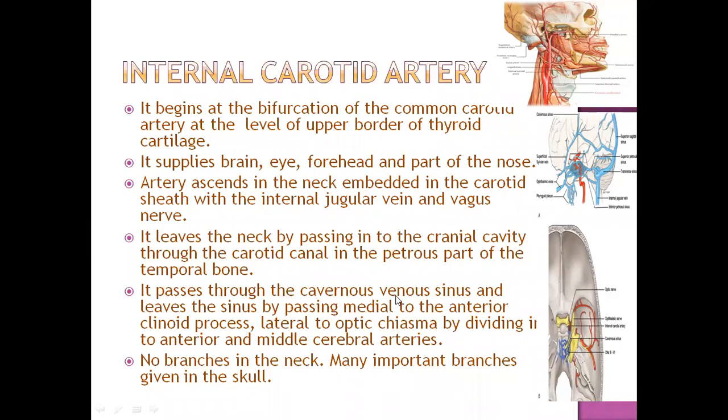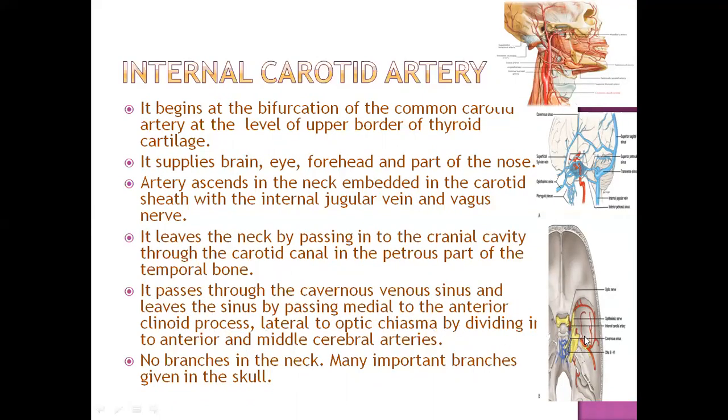It passes through the cavernous sinus and leaves the sinus by passing medial to the anterior clinoid process. These are the anterior clinoid processes, and this is the internal carotid artery. It passes through the cavernous sinus, and this is the cut edge of the internal carotid artery. It gives a branch, the ophthalmic artery, which passes through the optic canal, and the terminal branches are the middle cerebral artery and the anterior cerebral artery.